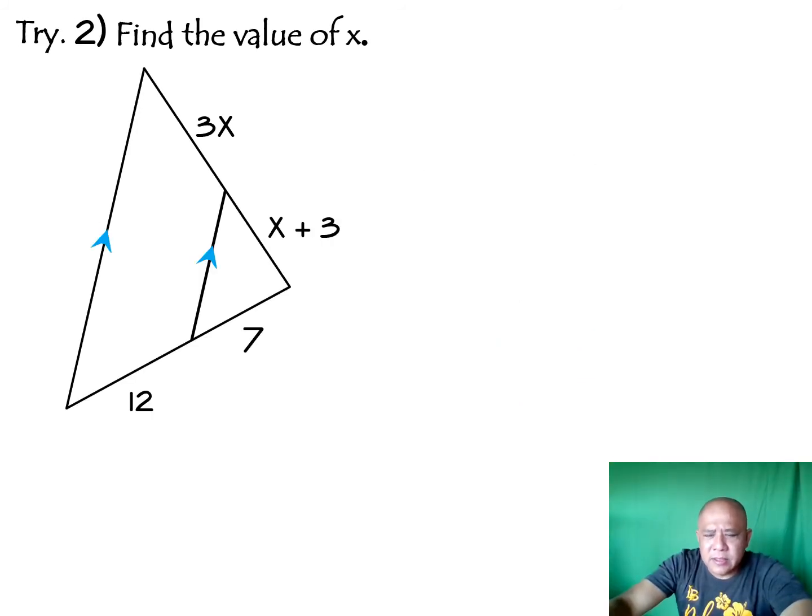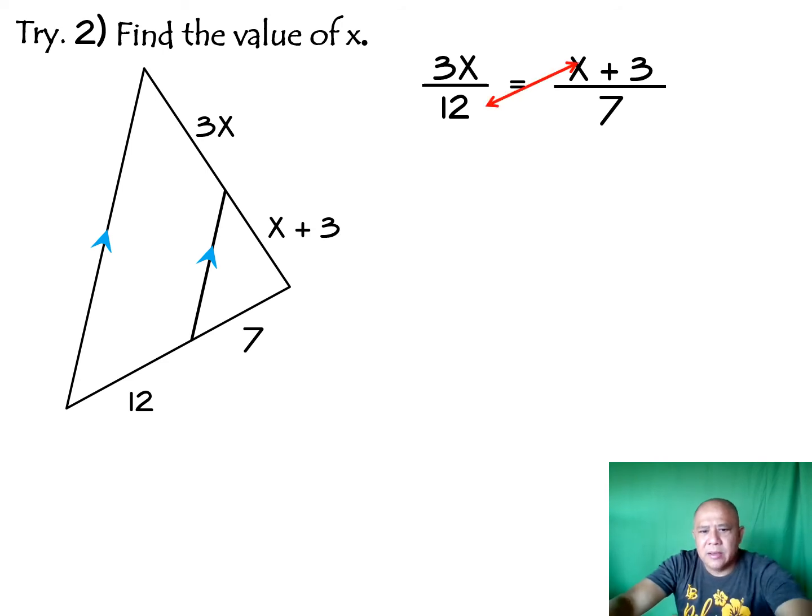Okay, let's take a look at try number 2. You can set it up any way you want to. I'm going to set it up this way, 3x over 12. Notice I went from top to bottom, so it'll equal x plus 3 over 7.